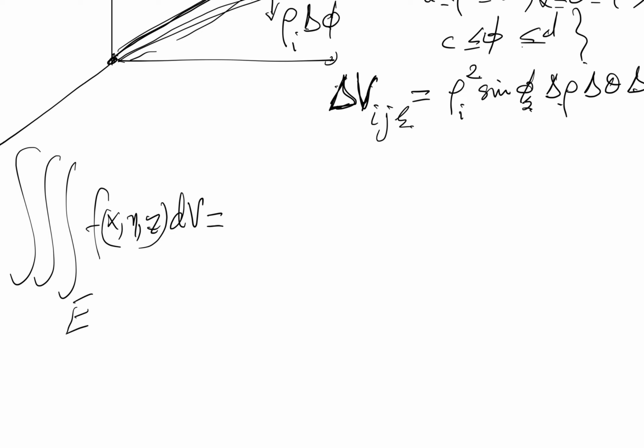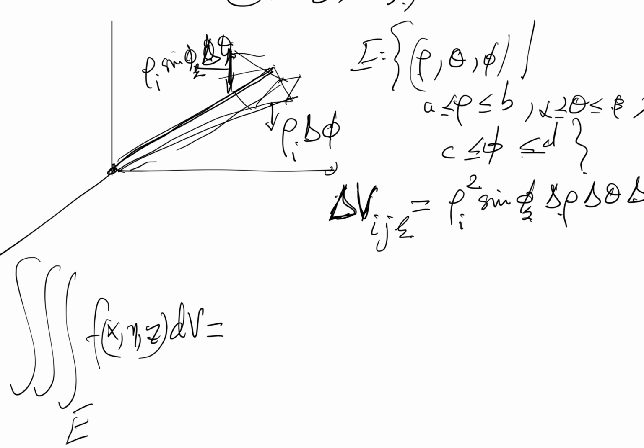Now, since we divide the solid into L, M, N cross sections, we divide the length, the height, and the width into L, M, N cross sections.